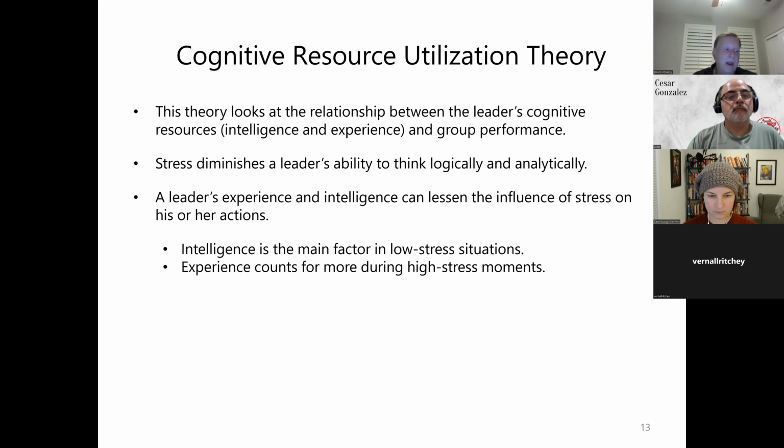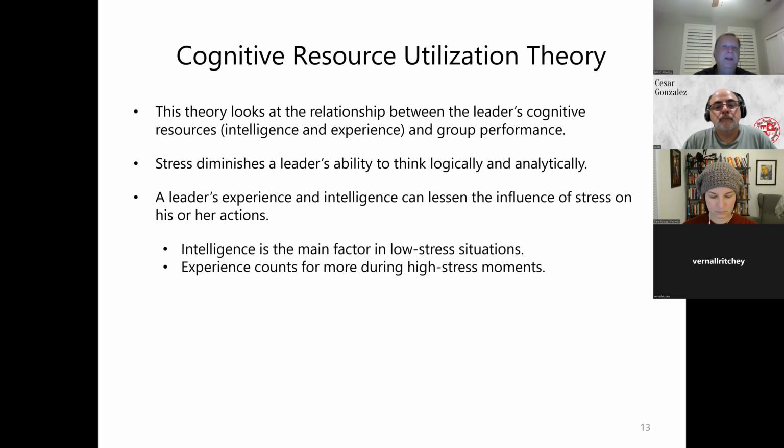By contrast, in a very high stress situation, where there are time challenges, time crunches, and these types of challenges have to be dealt with very, very quickly, that's when the cognitive resource you rely upon tends to be your experience. So what this suggests to leaders, this cognitive resource utilization theory, is it depends again.